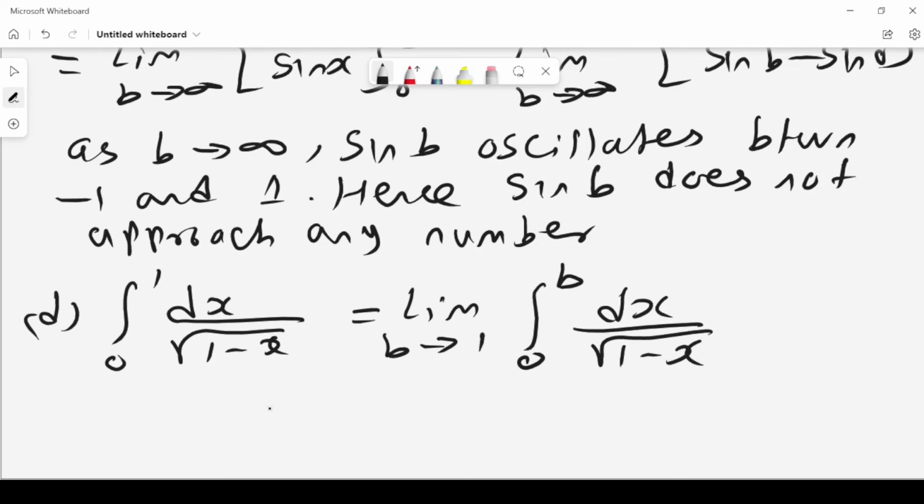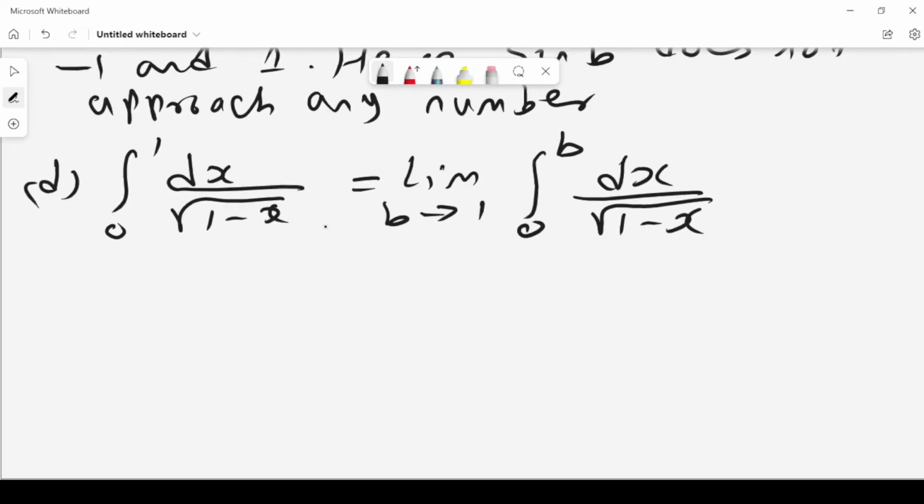So we know that there is a discontinuity when the value of x is equal to 1, and this gives us the limit as b tends to 1 of this expression.